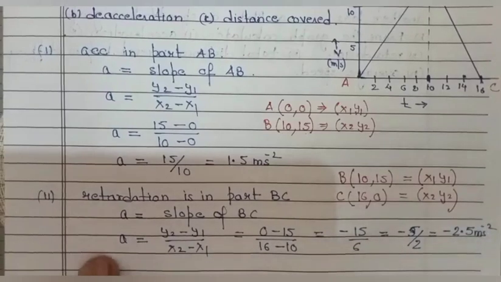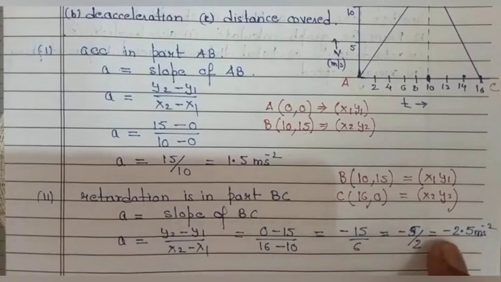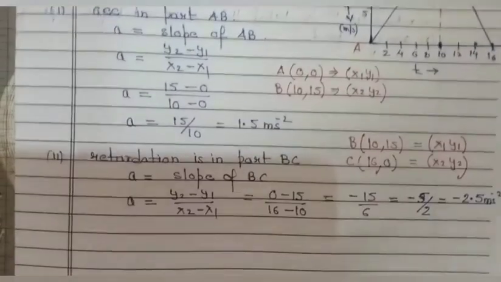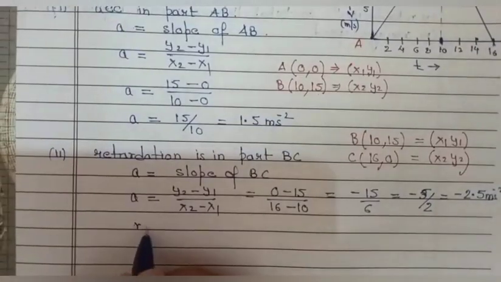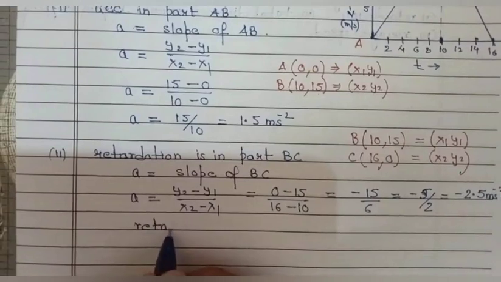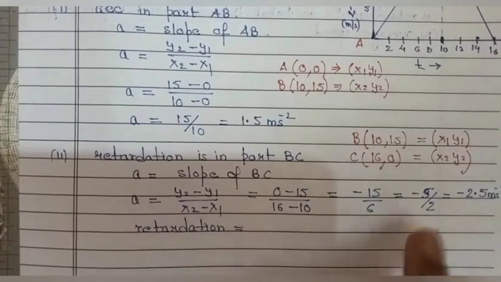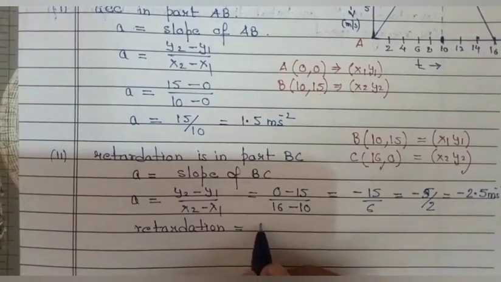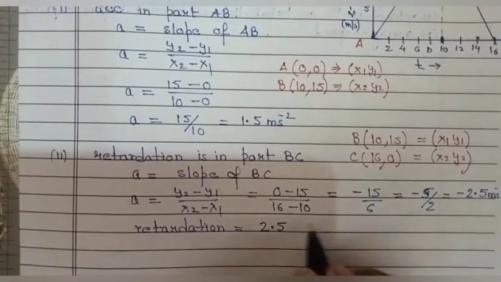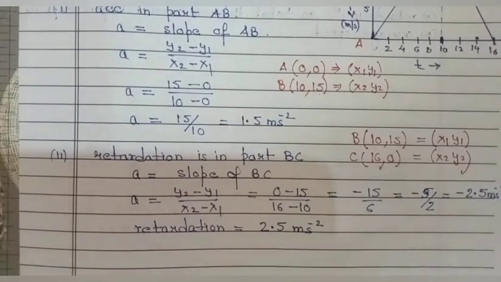You can see as acceleration comes out to be negative, it indicates that there is retardation. When you are writing the term retardation or deceleration, then don't use this negative sign. So retardation will be 2.5 meter per second square.